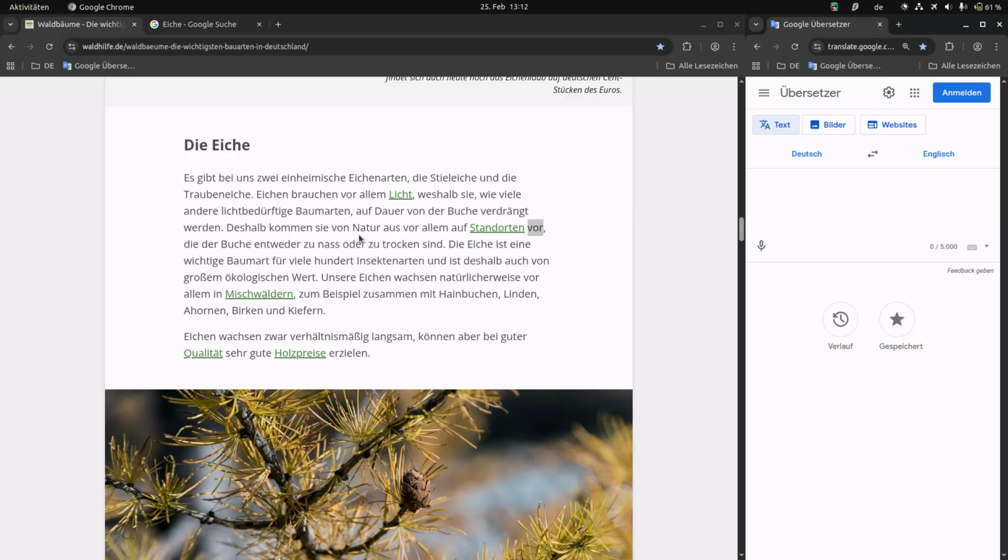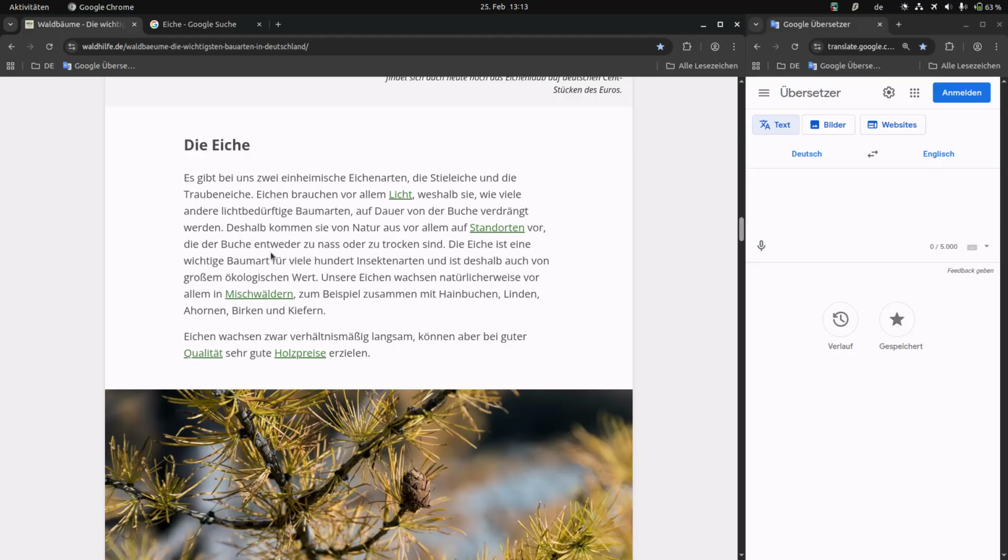So rather wet. Oder zu trocken sind, or too dry are. So, word by word in the German sentence structure, or I'm gonna read it again. Deshalb kommen sie von Natur aus vor allem auf Standorten vor, die der Buche entweder zu nass oder zu trocken sind. Therefore come they by nature, above all, on locations before, that the beech either too wet or too dry are.